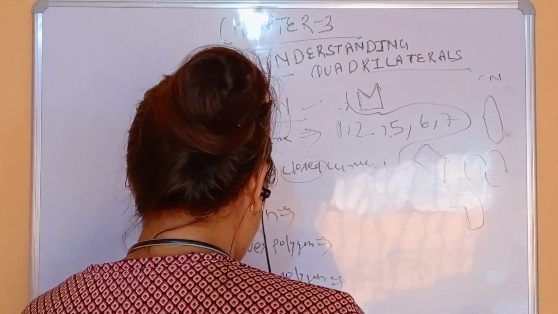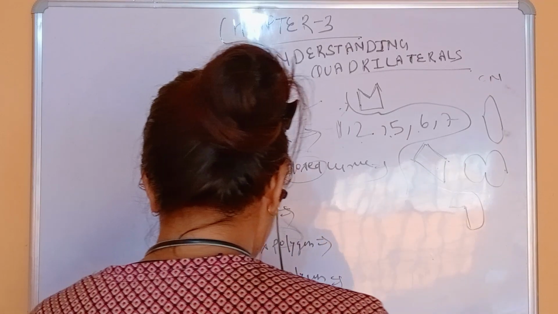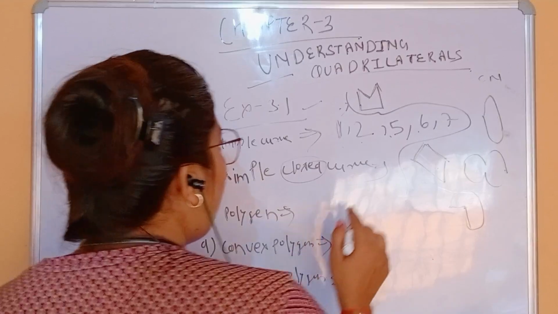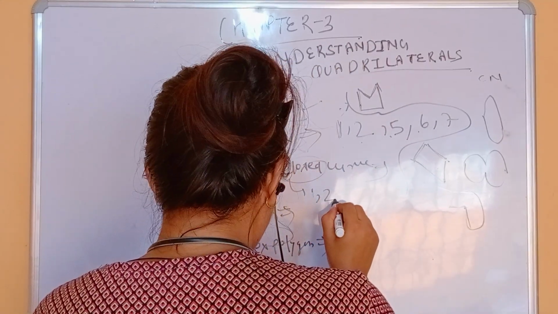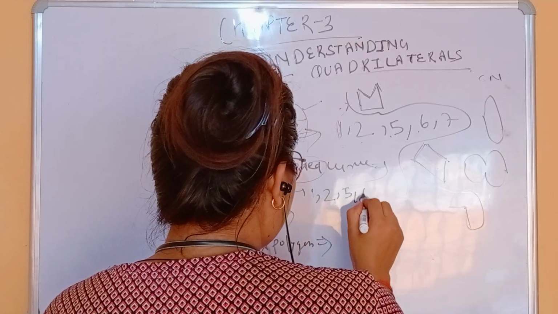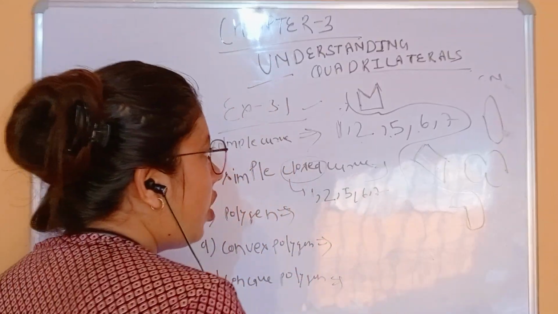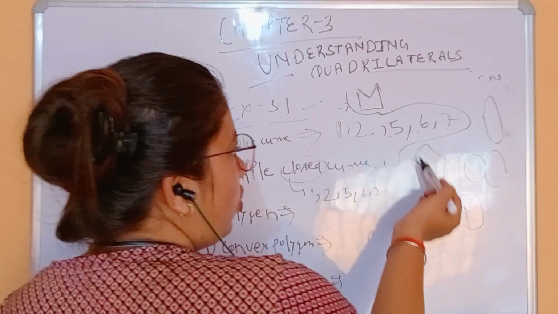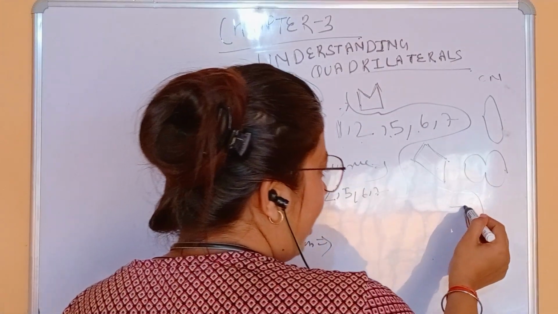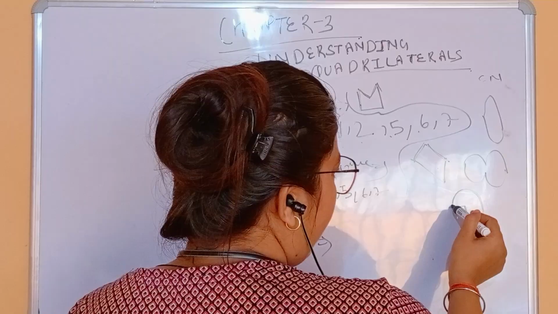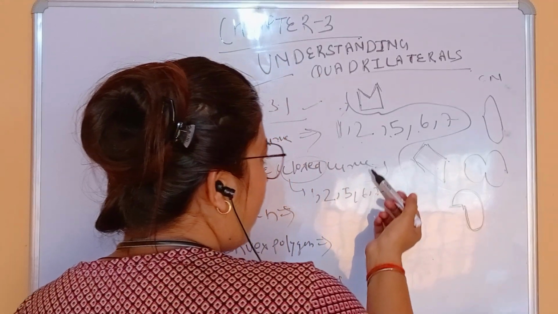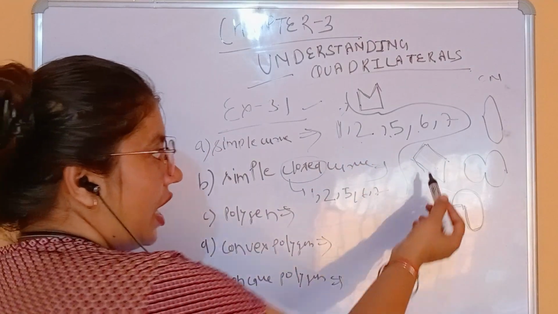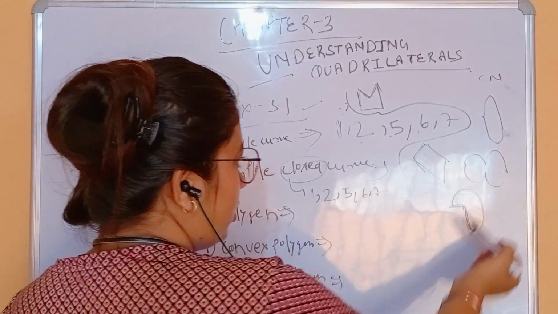The simple closed curves in your figures are 1, 2, 5, 6, 7. Because here there is no open portion. So all are curved, so all are closed. Here we can easily say this is a closed portion, because all figures given here are closed portions.